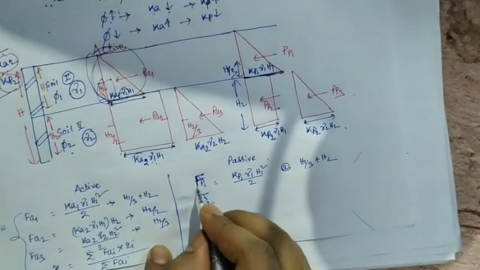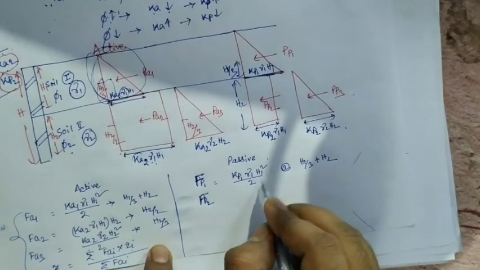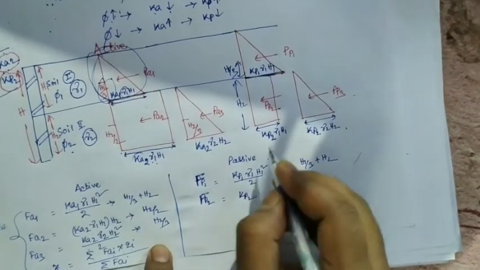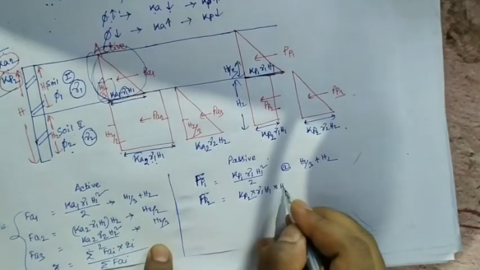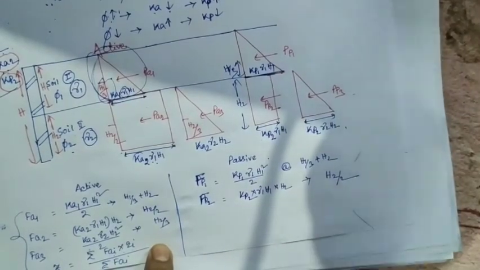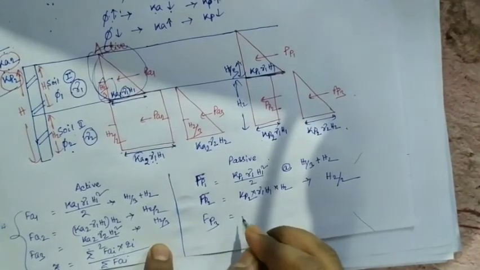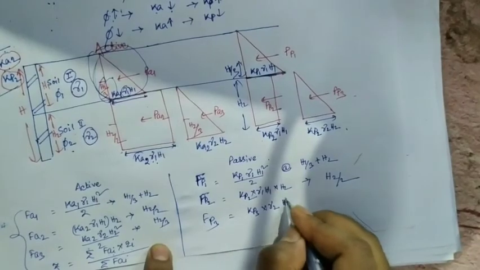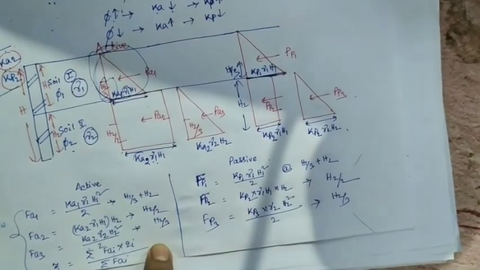So Fp1 thrust will be Kp1 gamma 1 h1 square by 2, and Fp2 will be Kp2 into gamma 1 h1 into the area, meaning h2, and the point of application will be h2 by 2. Fp3 will be Kp2 into gamma 2 h2 square by 2, with point of application h2 by 3.